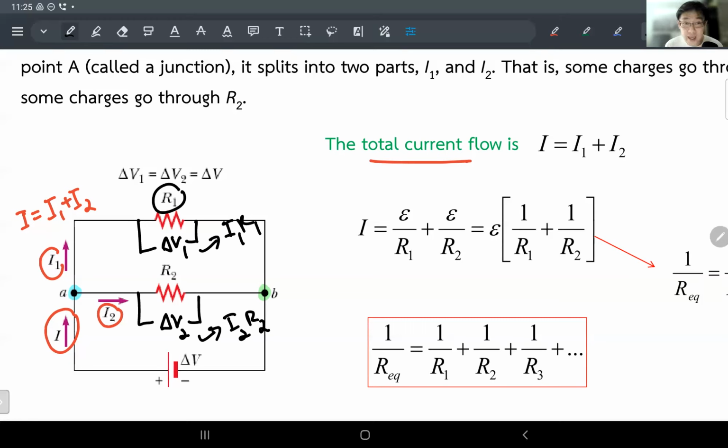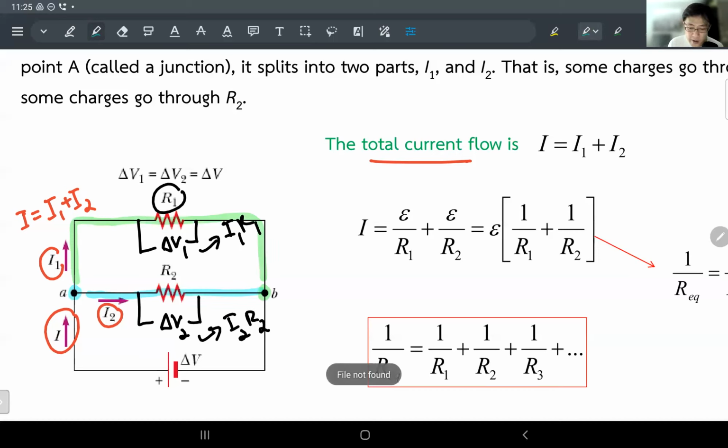But now here's the thing. We already learned about potential or potential energy. These potential differences are path independent. So that means it doesn't matter if you go along the upper path or the lower path. They must share the same potential difference.